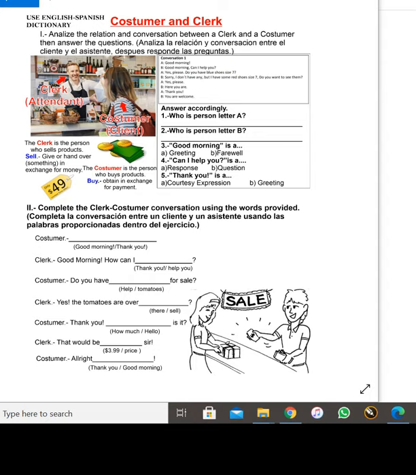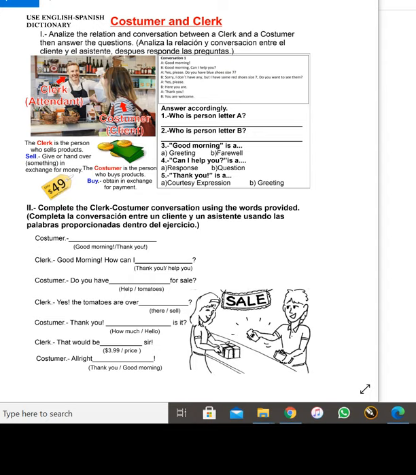Very good. That question, can I help you? That question belongs to somebody who's bringing service to a customer. That means that, can I help you? It's a question that a clerk would use.